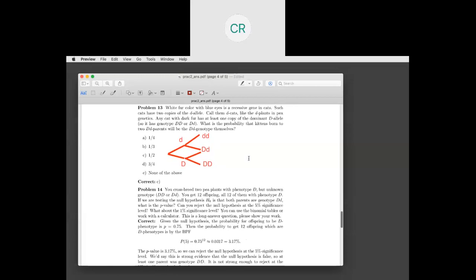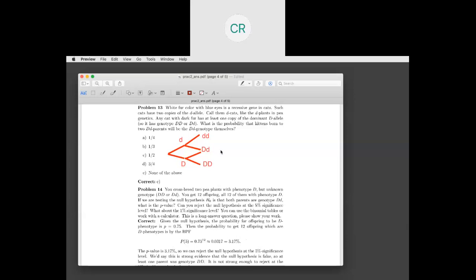An interesting alternative question would be the probability that the offspring looks as dark eyes and dark fur, so it's phenotype capital D, and that would be the lower two possibilities here. This one is probability 1/2, and this one is probability 1/4.